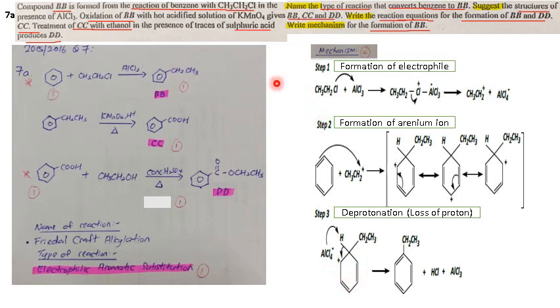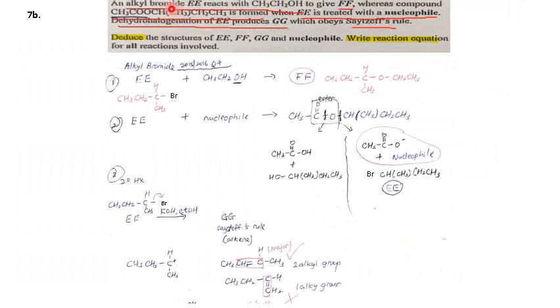Okay, next. An alkyl bromide EE reacts with ethanol to give FF. Since I'm not sure of EE yet, I cannot draw FF, but I can draw the others first. Another compound is formed when EE is treated with a nucleophile.